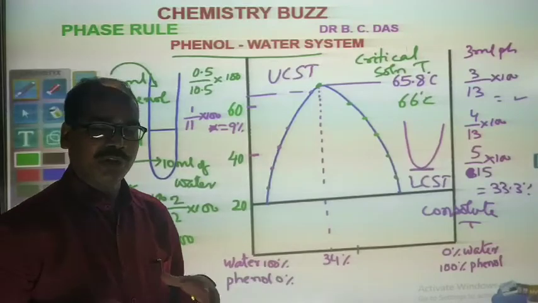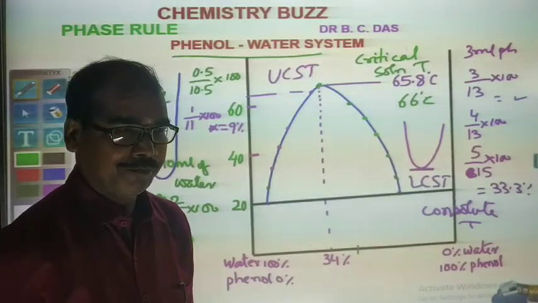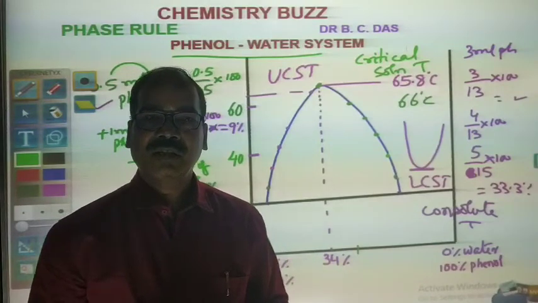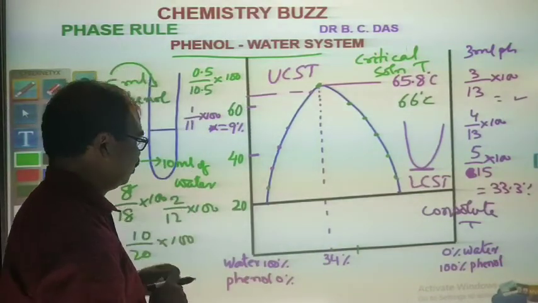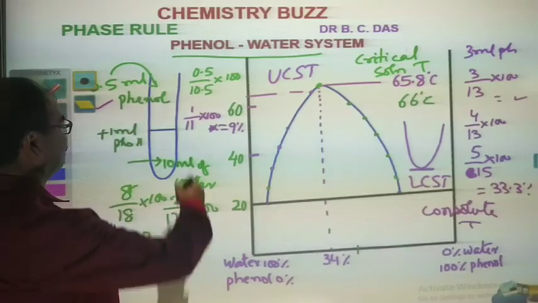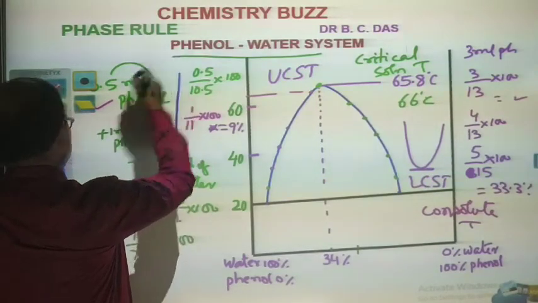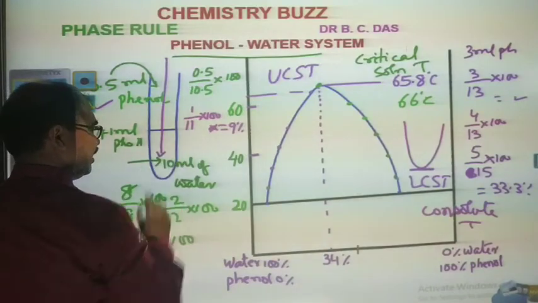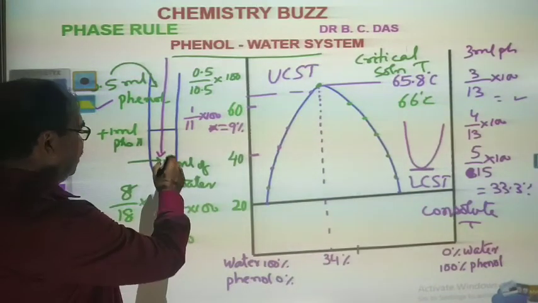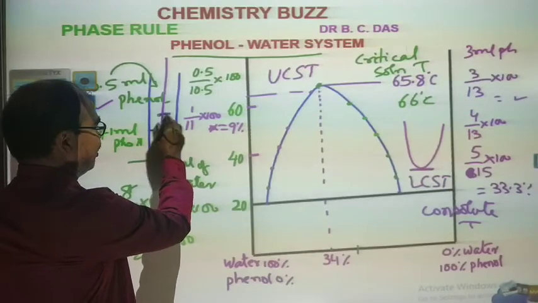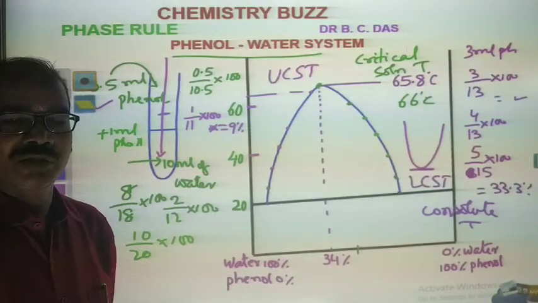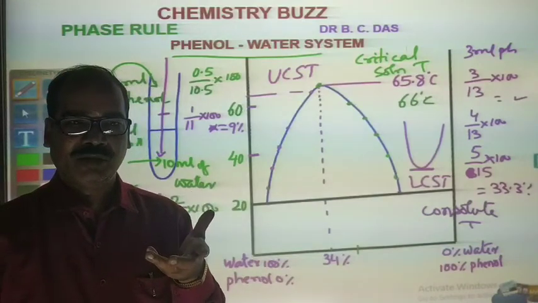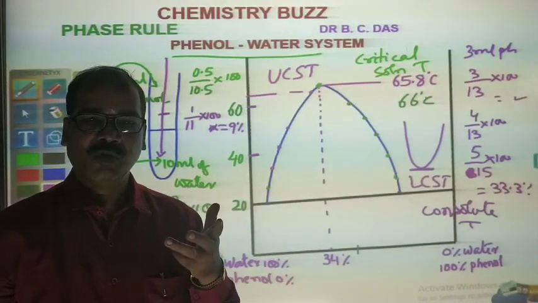But when you perform the experiment, you have to observe this container. You will put a thermometer inside it, and the temperature will be recorded from the thermometer, at which temperature the heterogeneity disappears and the solution mixture becomes homogeneous.